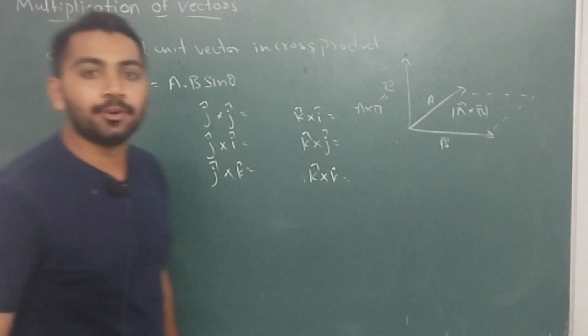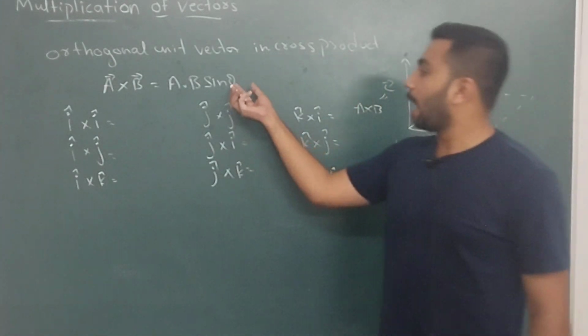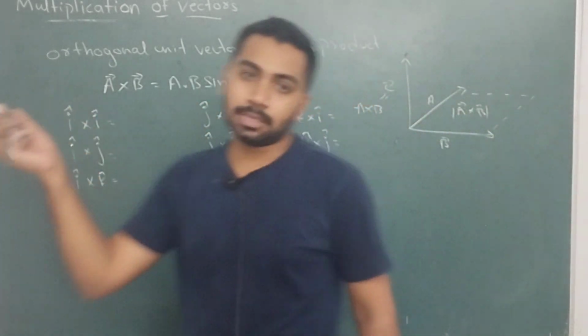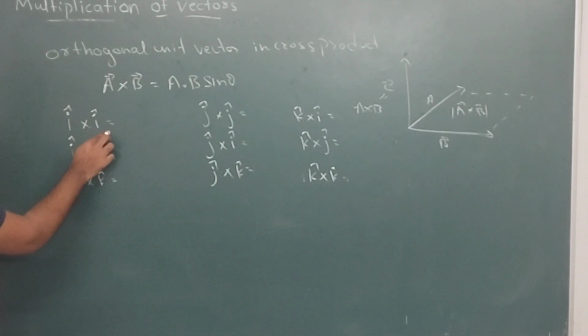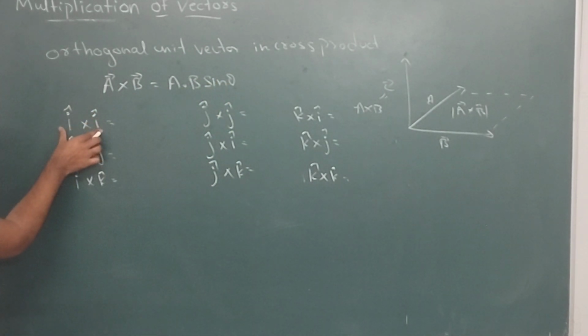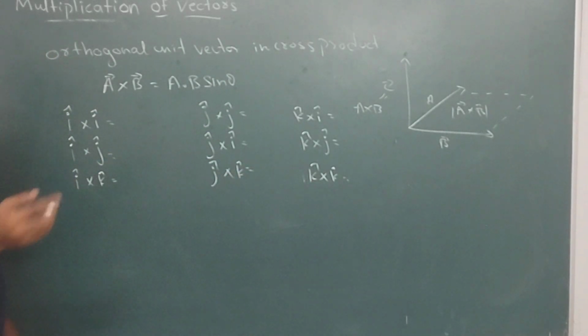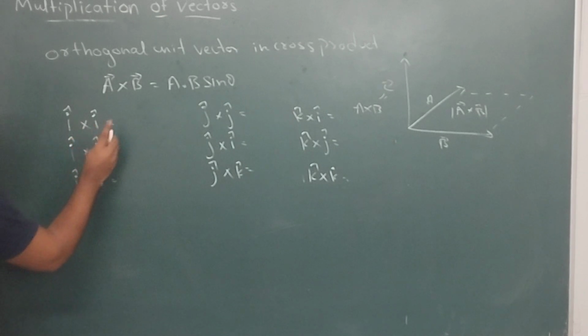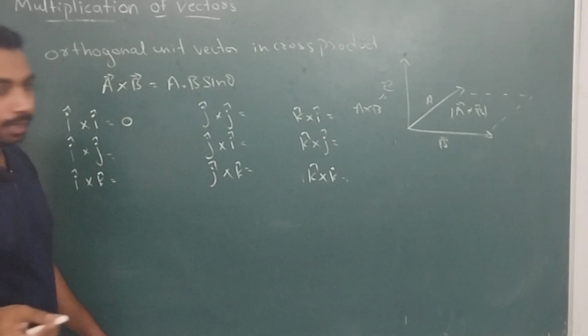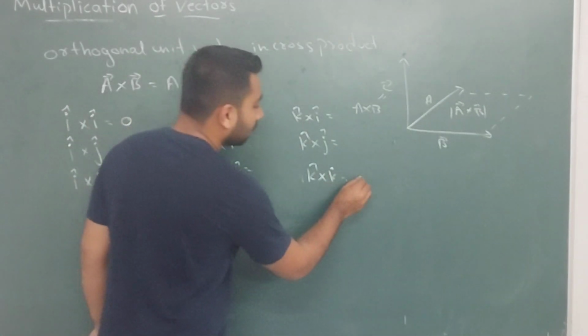Now i into i are unit vectors in the same direction. If it is the same direction, the angle becomes 0. Then i into i becomes 0, j into j becomes 0 again, and k into k becomes 0.